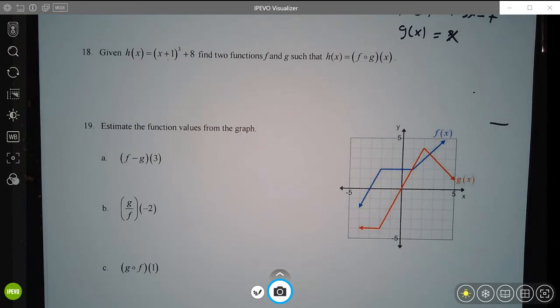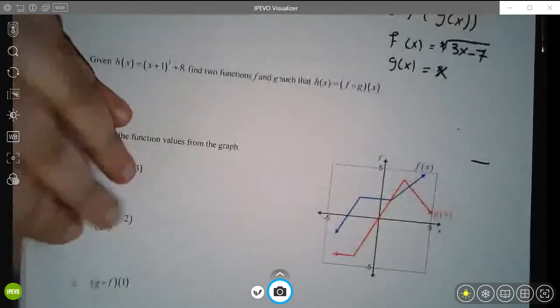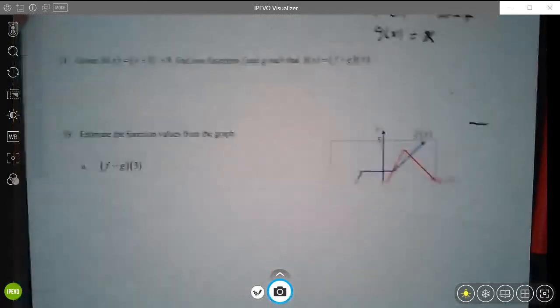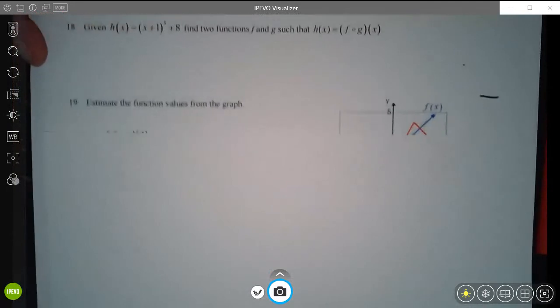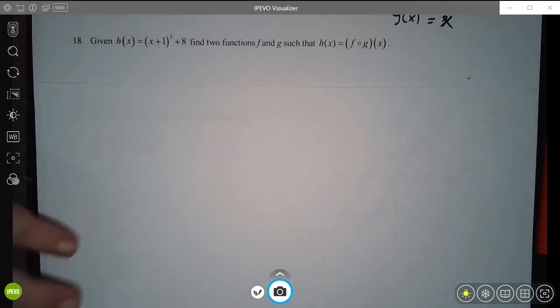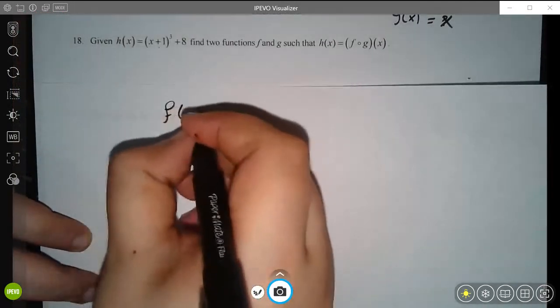F is x plus 8, and g is x plus 1 cubed. Let's test it out.